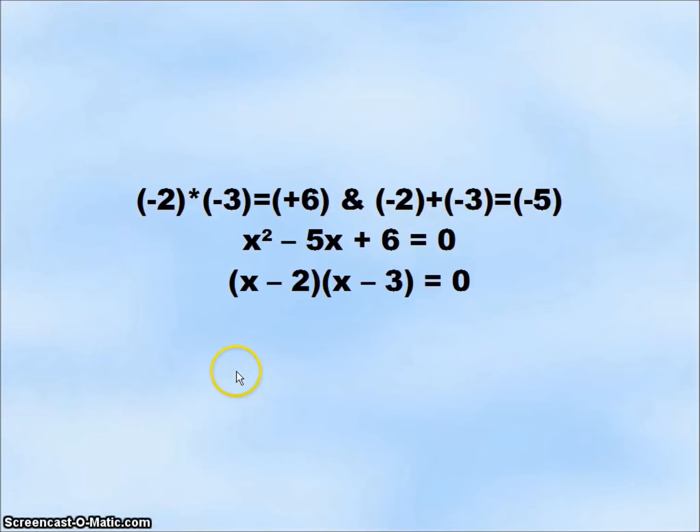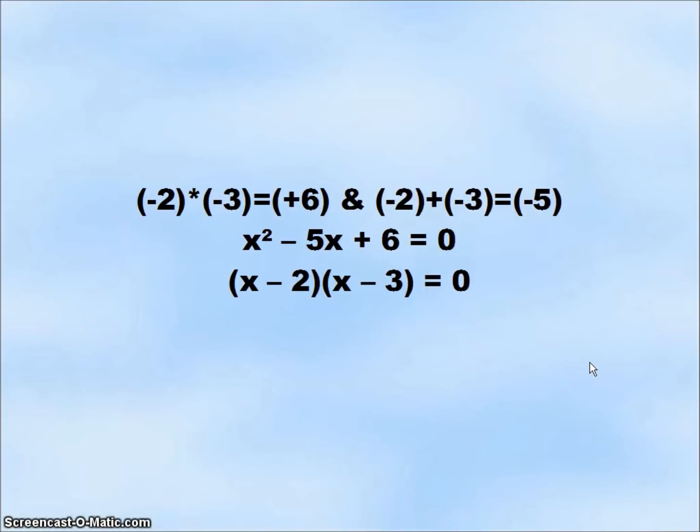And just for ease of notation, instead of negative 2 and negative 3, I'm just going to write x minus 2 and x minus 3. So, this is equivalent to this in our factored form.